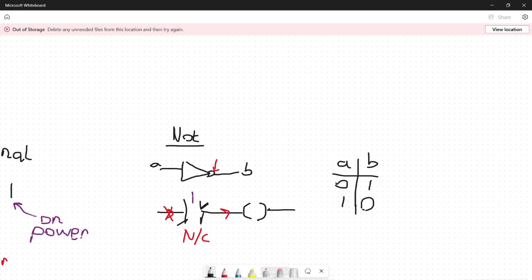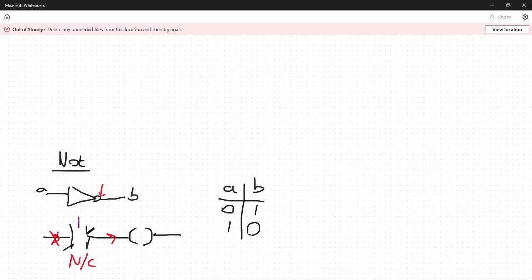We can represent these signals on a timing table. So if this is my B signal, and this is my A signal, I can run any sort of signal, but I'm going to do 0, 1, and my signal is going to start low, it's going to go high, and let's say I just put 1, 0, 1.